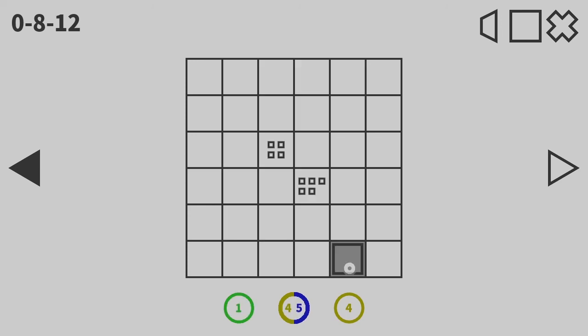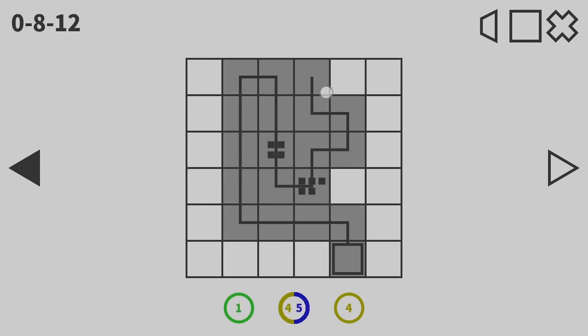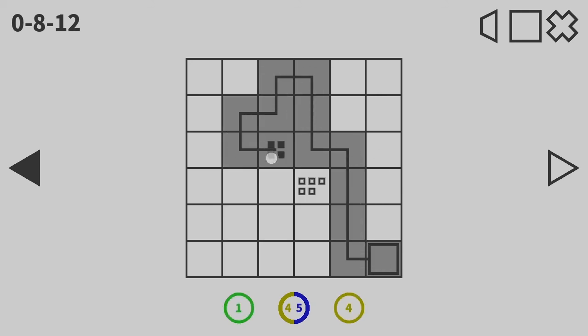Move one of these. That's not making a 5 though. That's not going to be enough, I don't think. That shape, that shape, that shape. One more.